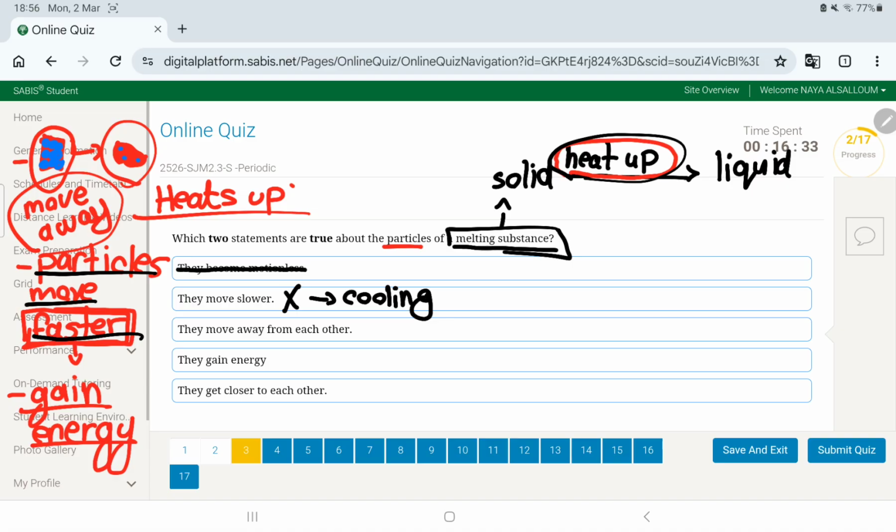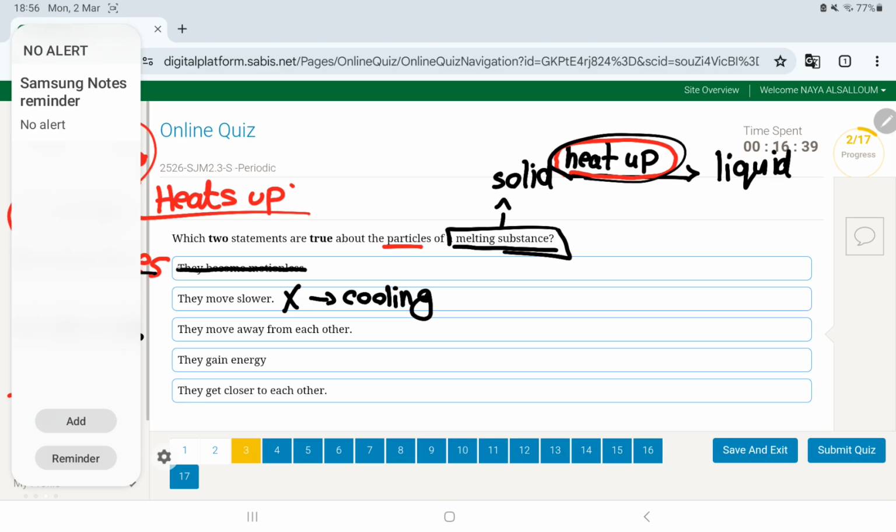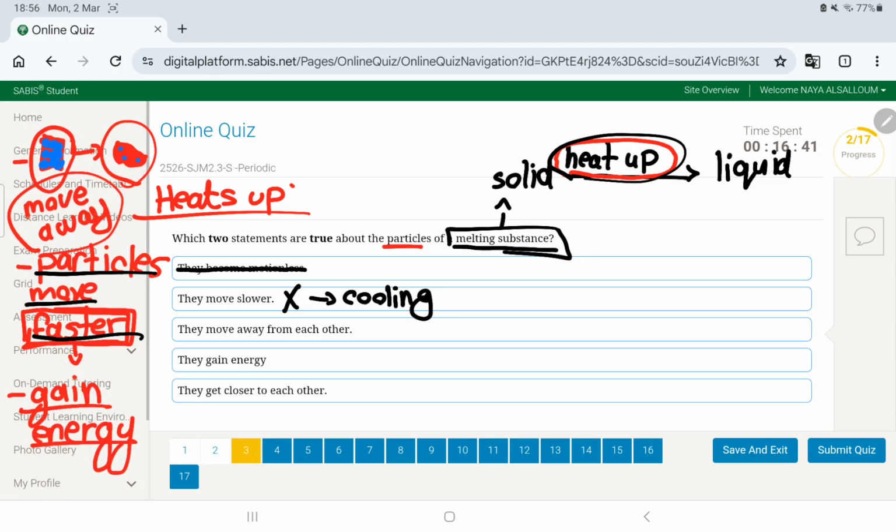Okay? So this is wrong. They move away from each other. What did we write here? They move away. Oh. Here, they move away, right? So this is correct. They gain energy. Once again, for a particle to move faster, it needs to gain energy. So this is also correct.